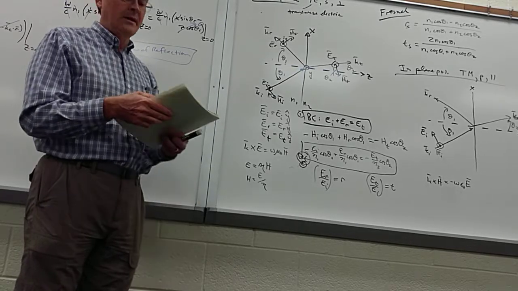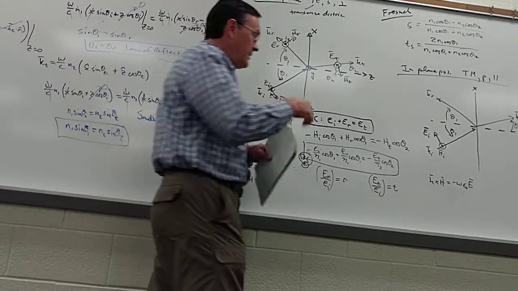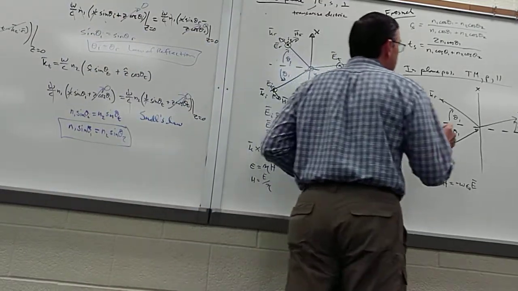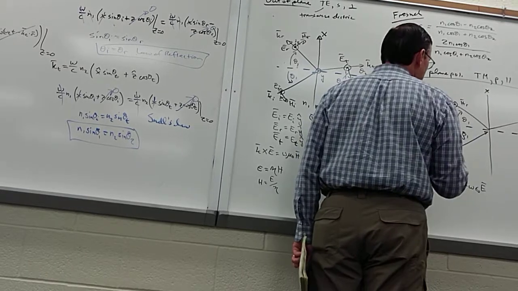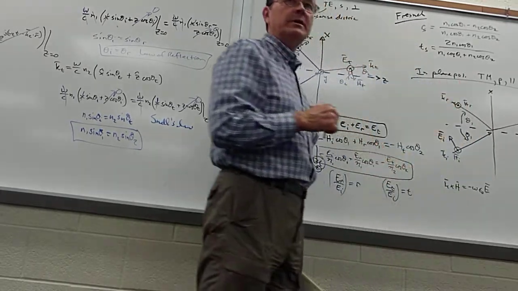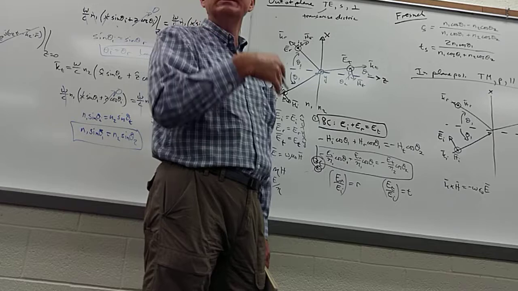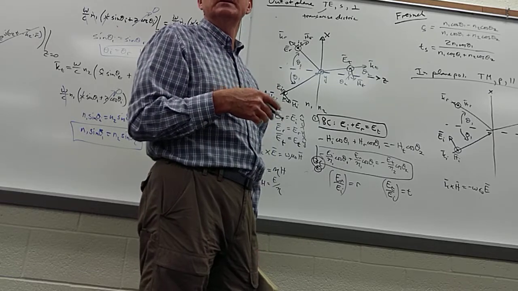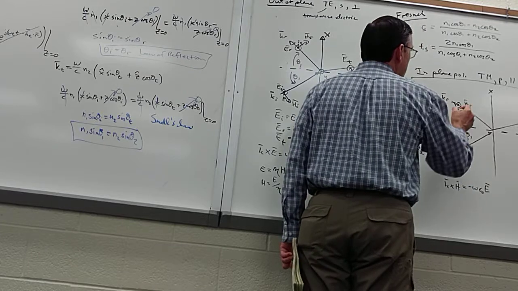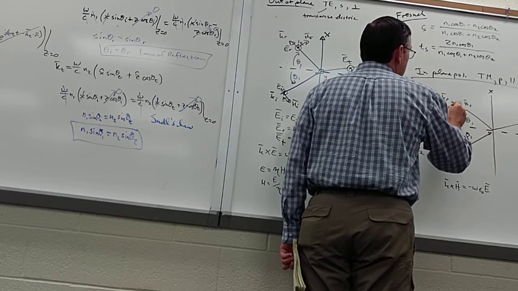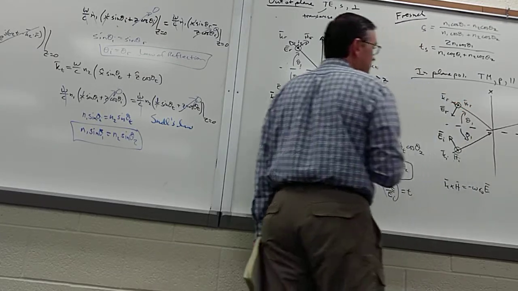Okay. So then let's say that HR, let's just say it's coming out of the plane of the board. I mean, we could choose it into the plane of the board, but let's choose it out. Then following the same process, we get ER pointed that way.